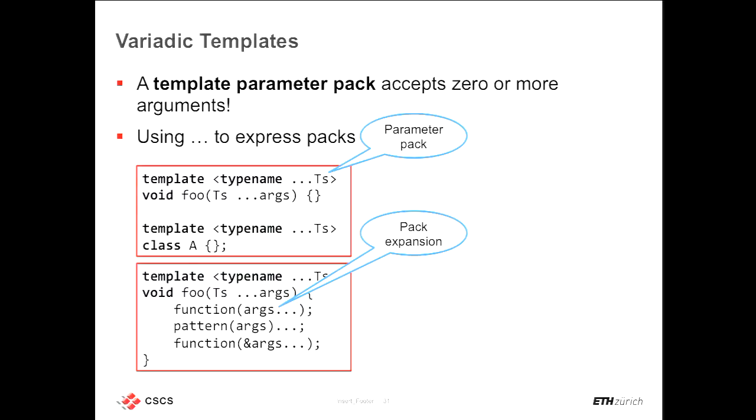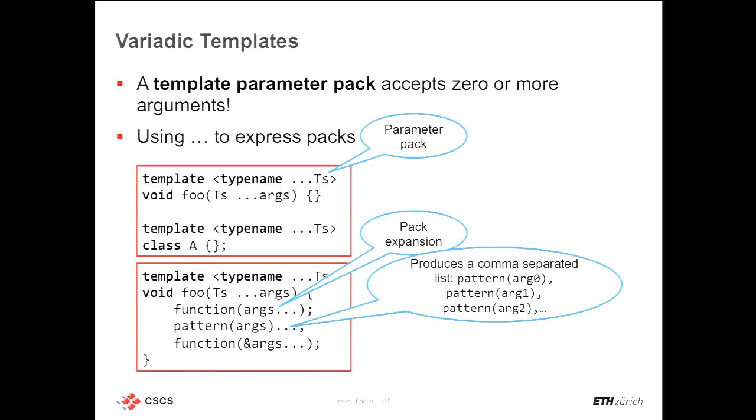There is pattern expansion. This case here is a special case of a pattern expansion. Pattern expansion takes the ... and takes the pattern and repeats the thing for all the arguments, putting a comma between them. So it will be pattern(arg0), comma, pattern(arg1), comma, pattern(arg2) until the end, without the comma at the end.